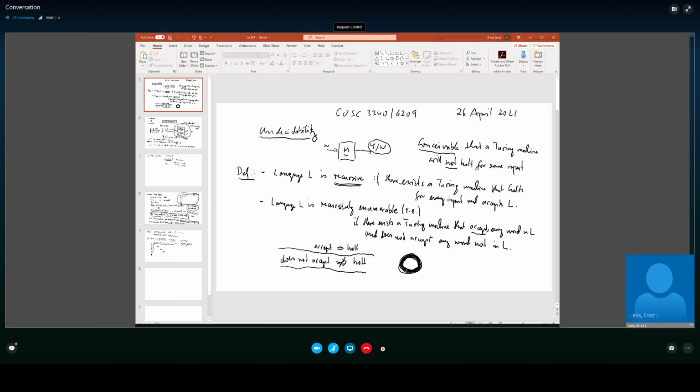Now, the next thing is recursively enumerable, which is of course more general than recursive, because it basically says there exists a Turing machine that accepts every word in L and does not accept any word not in L. So this sounds like a roundabout way, but it does avoid the issue of what happens if the word is not in the language.